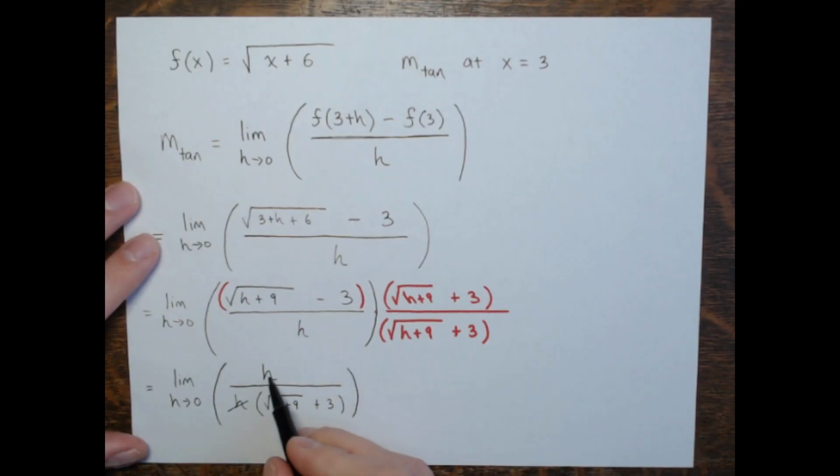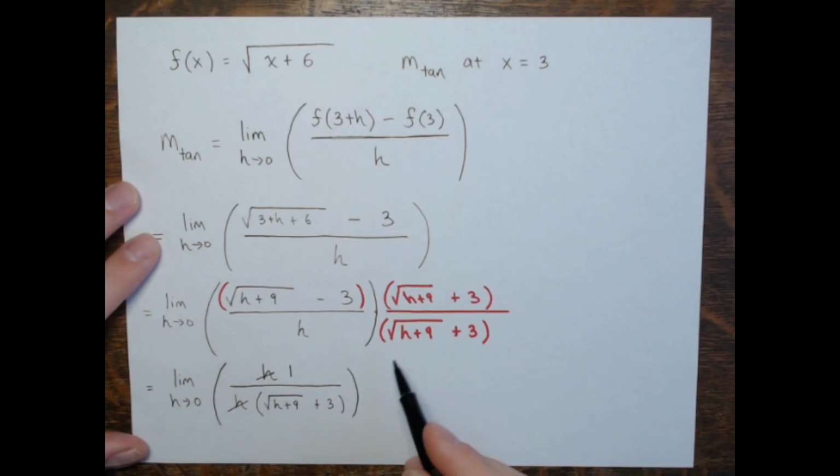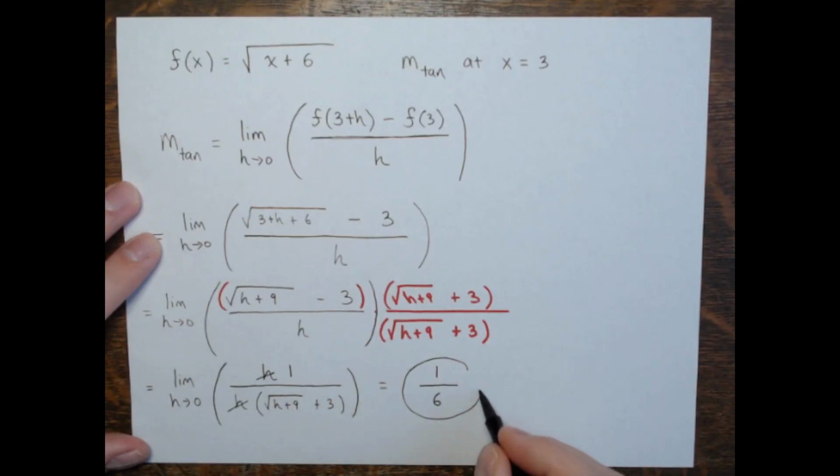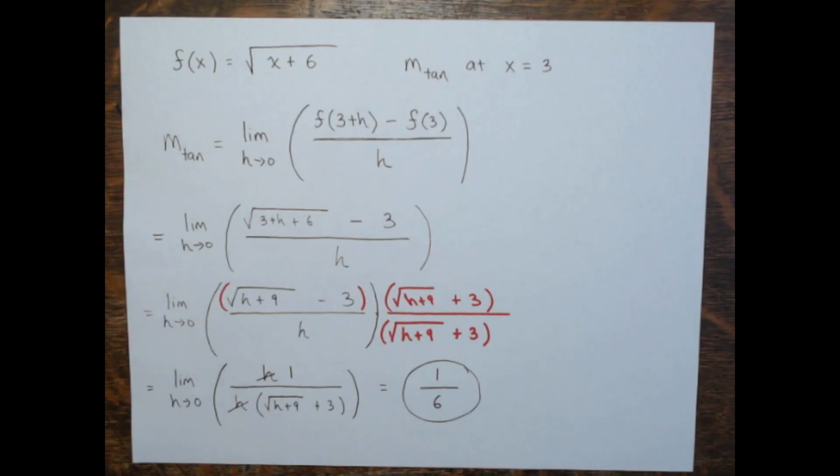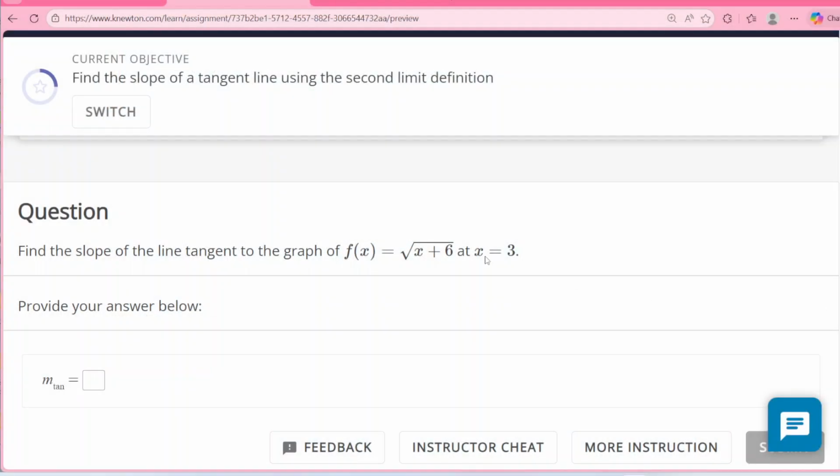Then the h's are going away, leaving me with 1 in the numerator. And now I have an expression where I can pop 0 in. H approaches 0, numerator is 1, and then the square root of 0 plus 9. Square root of 9 is 3. 3 plus 3 is 6. So the slope of this tangent line they're talking about is positive 1/6.